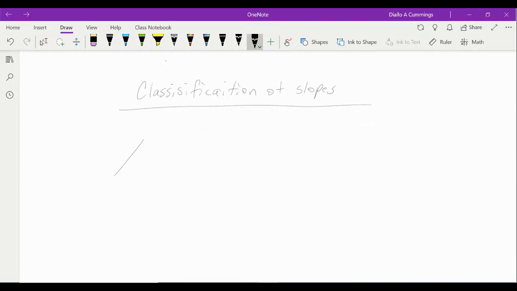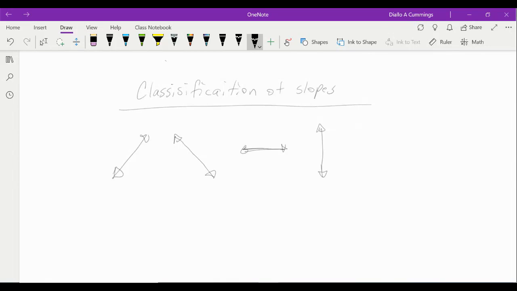And as we classify slopes for linear equations, there are 4 different scenarios that we're going to encounter. And just as we read sentences from left to right, we're also going to read these graphs from left to right.